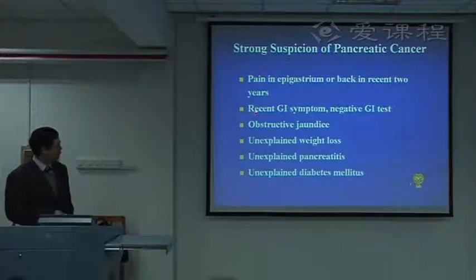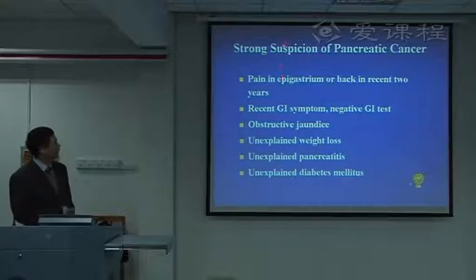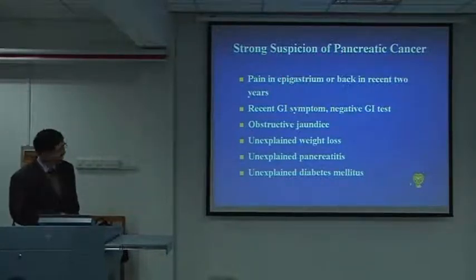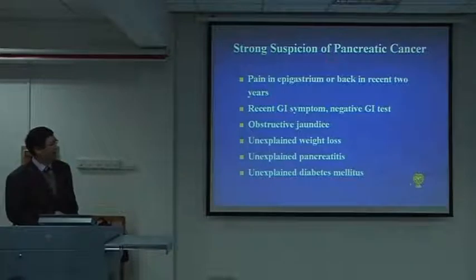If there are GI symptoms but the GI tests and gastroscope are negative, we should suspect pancreatic disease. If the patient has obstructive jaundice, the doctor will easily diagnose pancreatic cancer. If the patient has unexplained weight loss, unexplained pancreatitis, or unexplained diabetes mellitus, we should suspect pancreatic cancer.